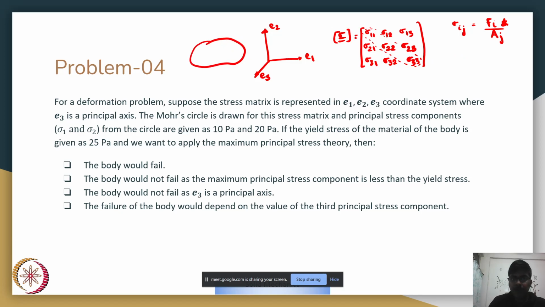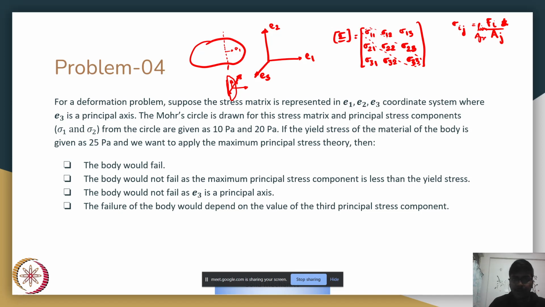Suppose this is my body, this is direction E1. So if I cut a plane whose normal is E1, and now I look at this plane, I would have different forces on it, right? My overall force may act in an oblique direction to the normal. Now if I decompose this oblique force, what I get is basically three different force components. And now as I shrink down this area, so here I should put the limit of delta A tends to 0.